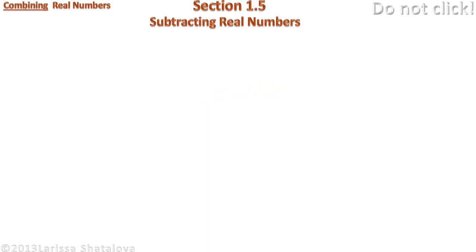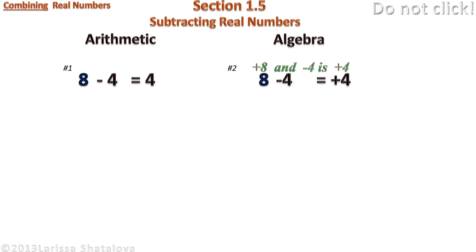The word subtracting is coming from arithmetic, because if you have example number 1, 8 minus 4, it will be just 4. But in algebra, we can read this as positive 8 and negative 4 is positive 4. Example number 2. 8 minus 10 doesn't have any sense in arithmetic.